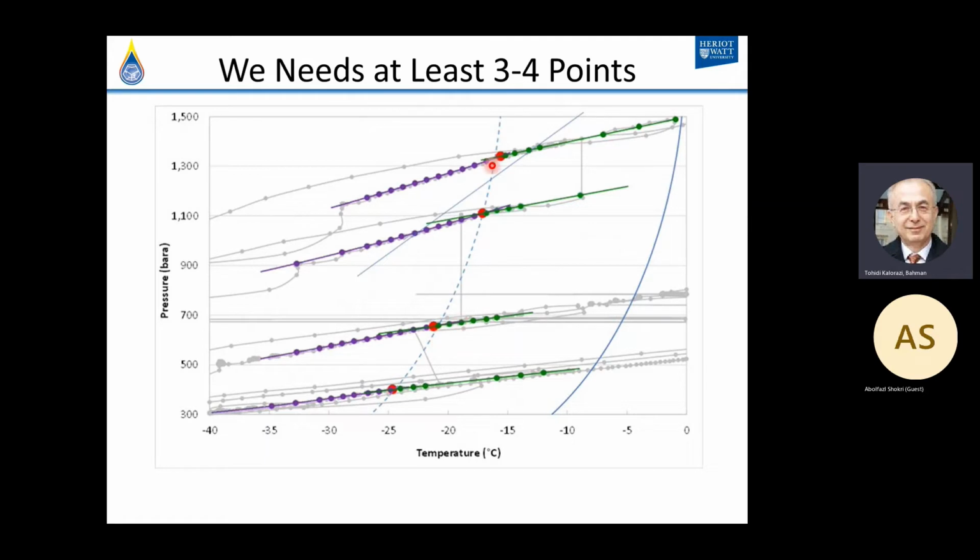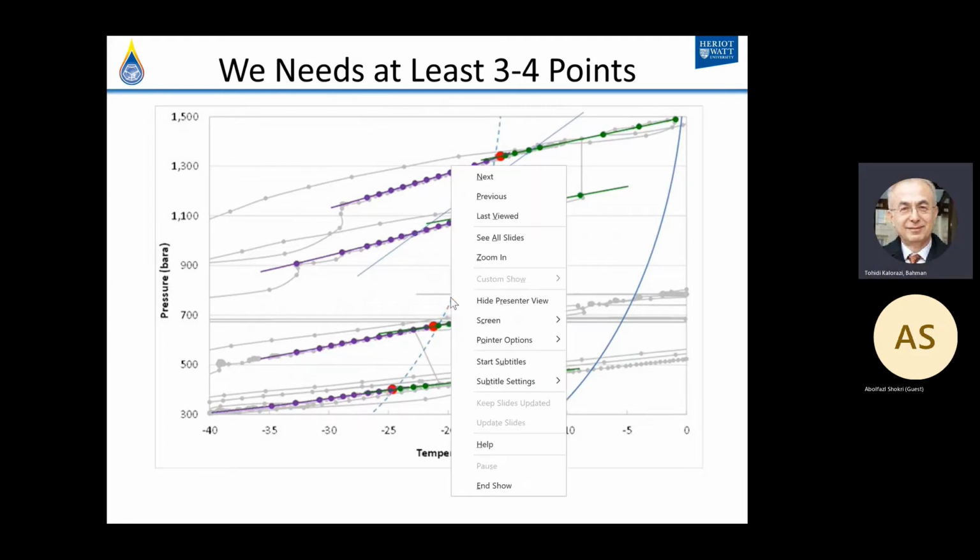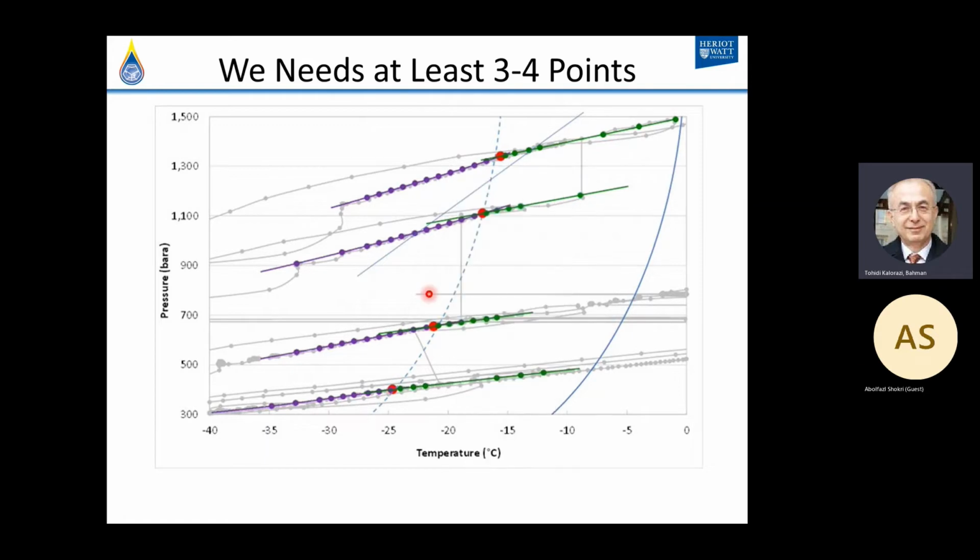So here you can see that we know, for example, at -20, at this condition, 800, hydrate will not form. Okay, so we determine the hydrate phase boundary in the presence of that chemical.